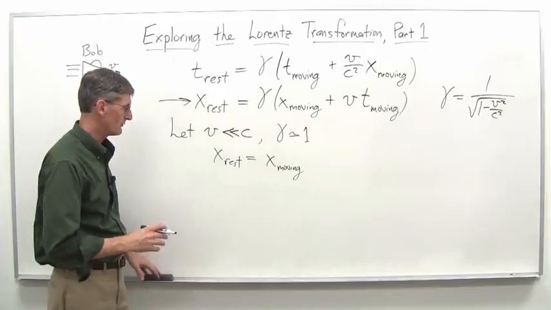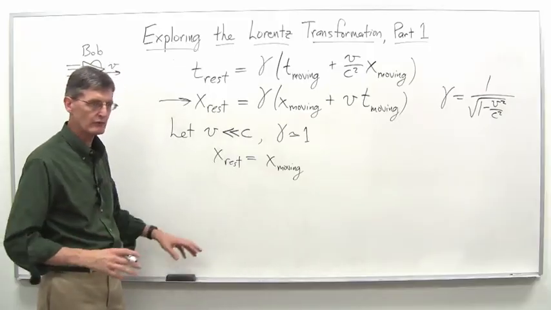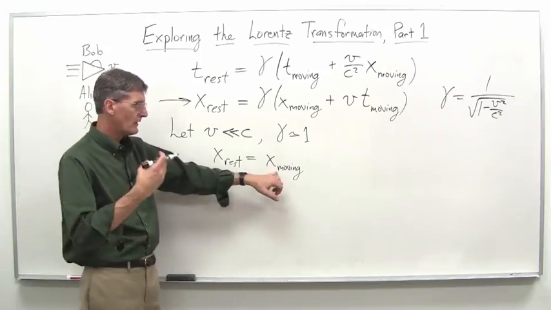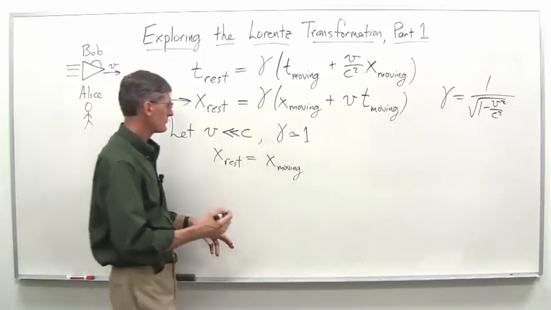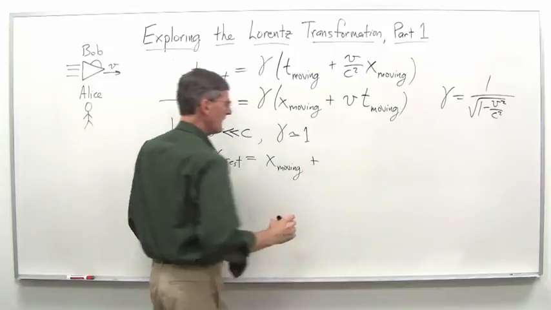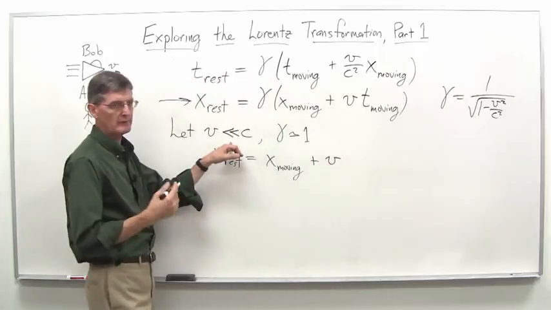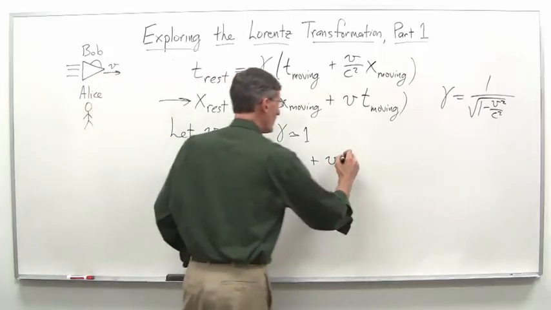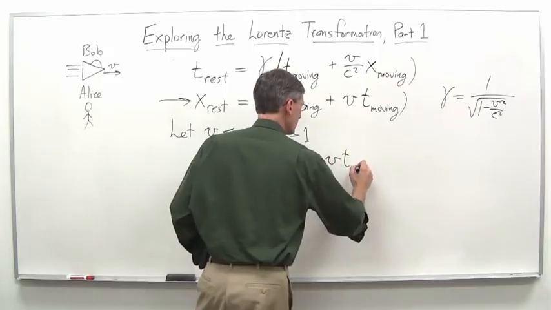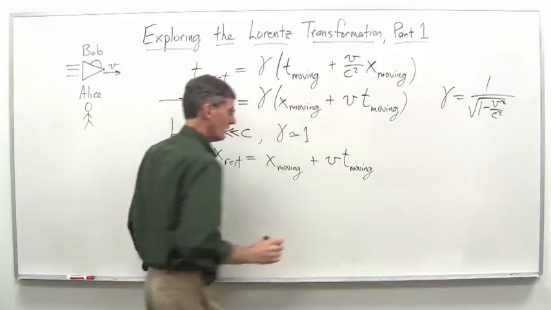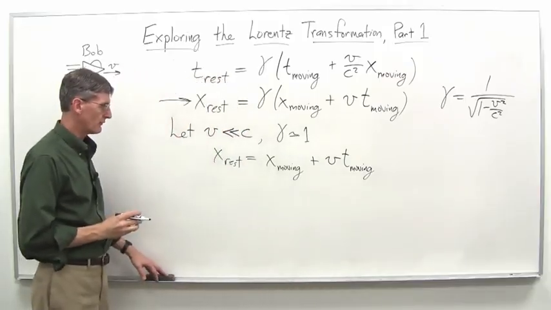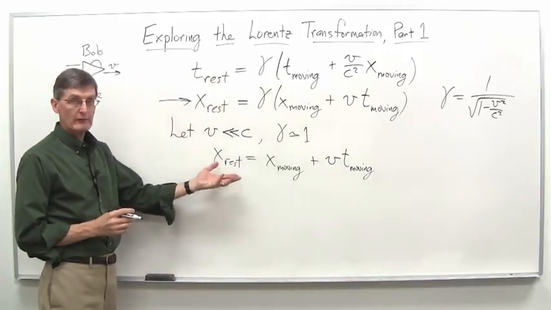So just fix that in your mind and don't get confused about that. So x rest equals x moving plus a velocity, which is going to be non-zero, much less than c but still non-zero, times t in the moving frame, in other words, on one of Bob's clocks in the moving frame. Well, what does this remind us of?